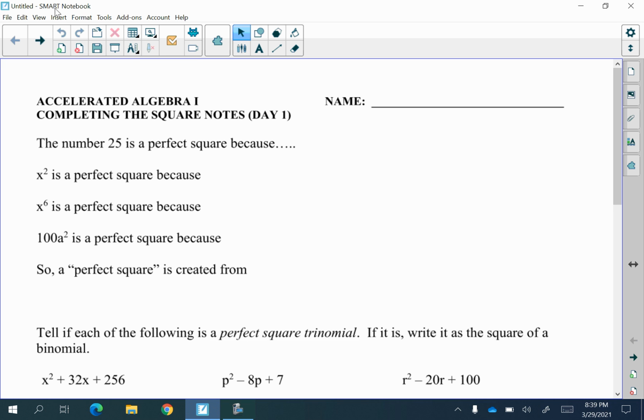So the number 25 is a perfect square because the square root of 25 is a whole number. I'm writing on my Surface here, so we'll see how well this works.